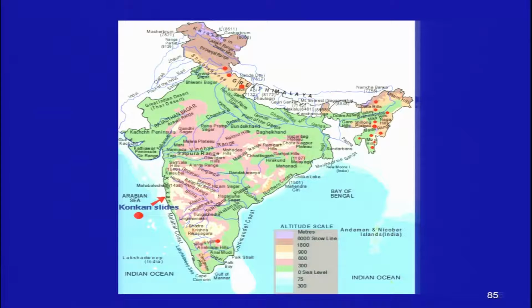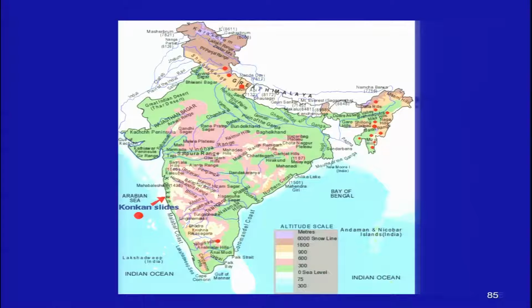So, these are the locations which have been shown, the areas in India which are prone to landslides, mostly in the hilly tracts. Okay. So, in the northeast a lot of landslides have been triggered. This has been left out, but of course, this is a part of the Himalayan orogenic belt. So, we have landslides in Nepal and in this region also, and partly we see them along the Konkan side.